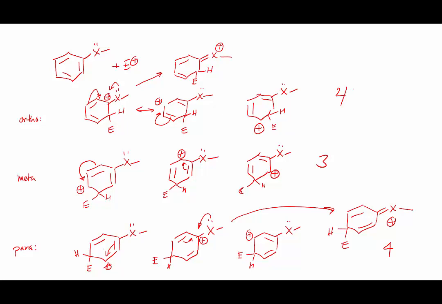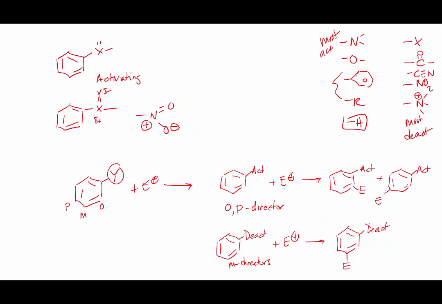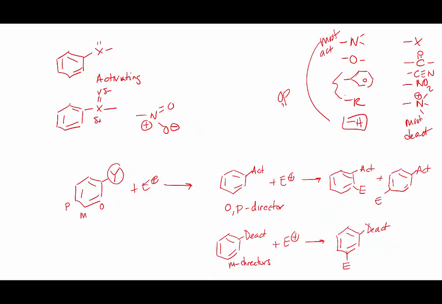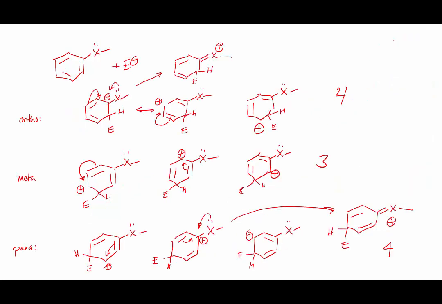I forgot to tell you that all of these guys are ortho-para directors, not the hydrogen, and all of these guys are meta directors, and the halogen is deactivating, but it's ortho-para directing.